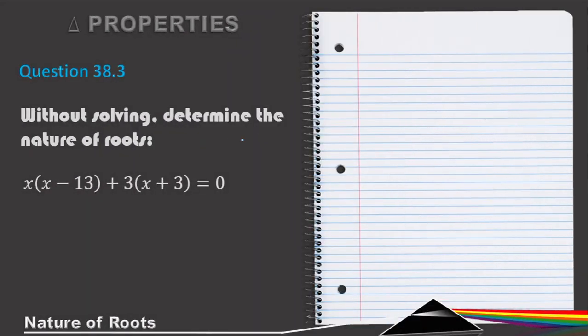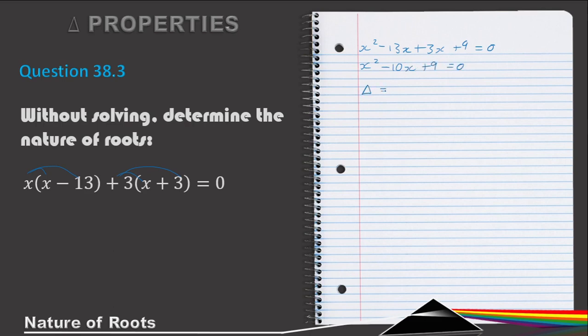Then for this one, okay, so it looks complicated, but it's just basically to first put it in standard form by first multiplying out your brackets. So x squared minus 13x plus 3x plus 9 equal to 0. Right, and then we have x squared minus 10x plus 9 equal to 0.